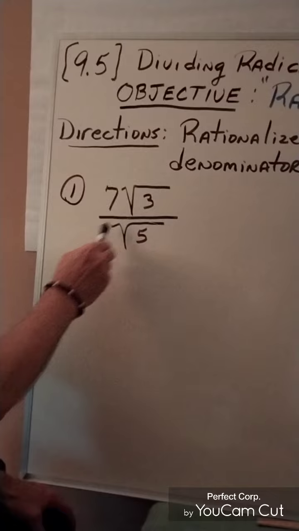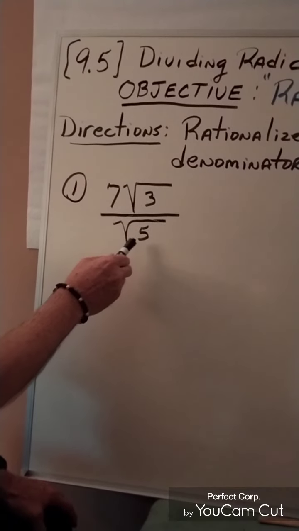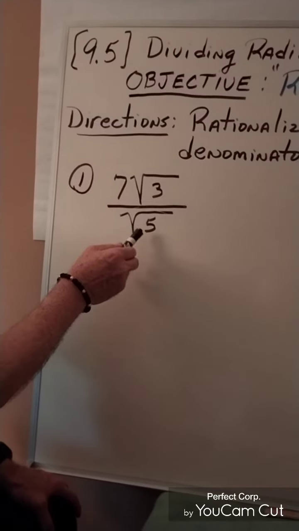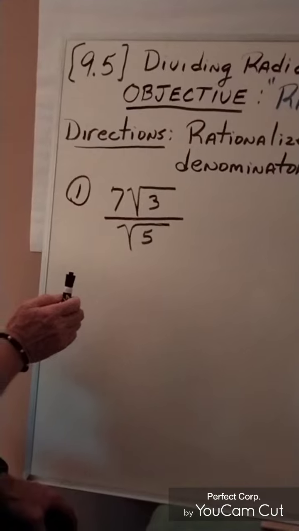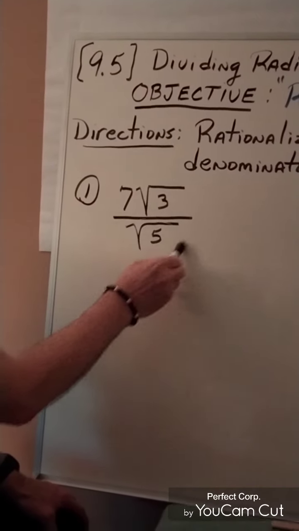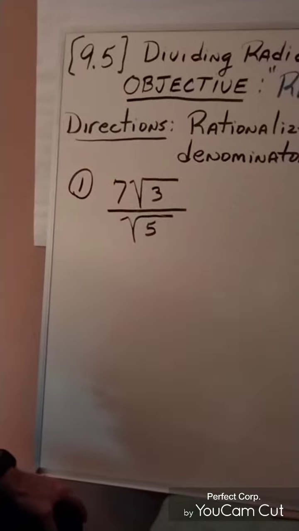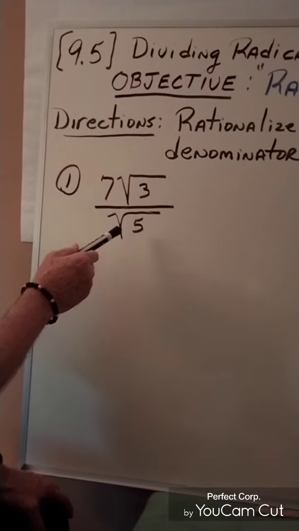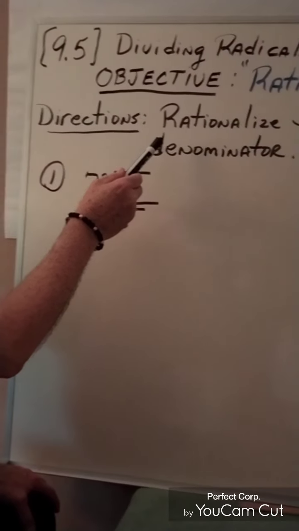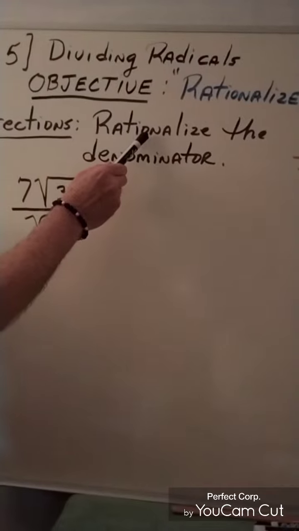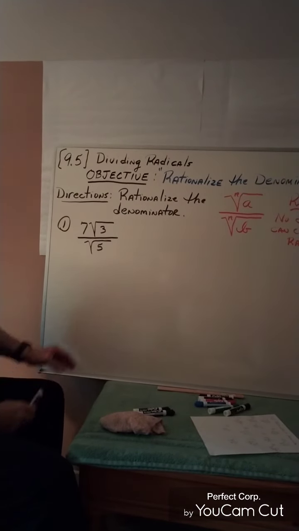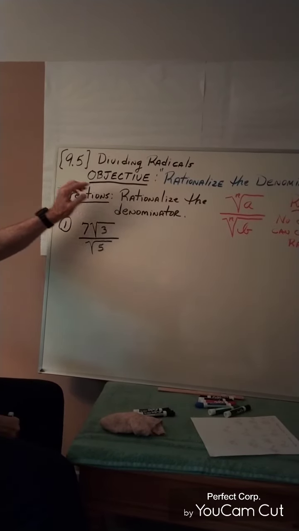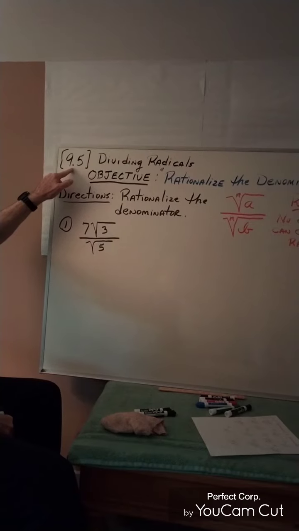This denominator represents an irrational number because the 5 is not a perfect square. So to prevent breaking the rule of not having a radical in the denominator, we're going to have to institute a new skill, called rationalizing the denominator. And rationalizing the denominator is the key skill found in 9.5.